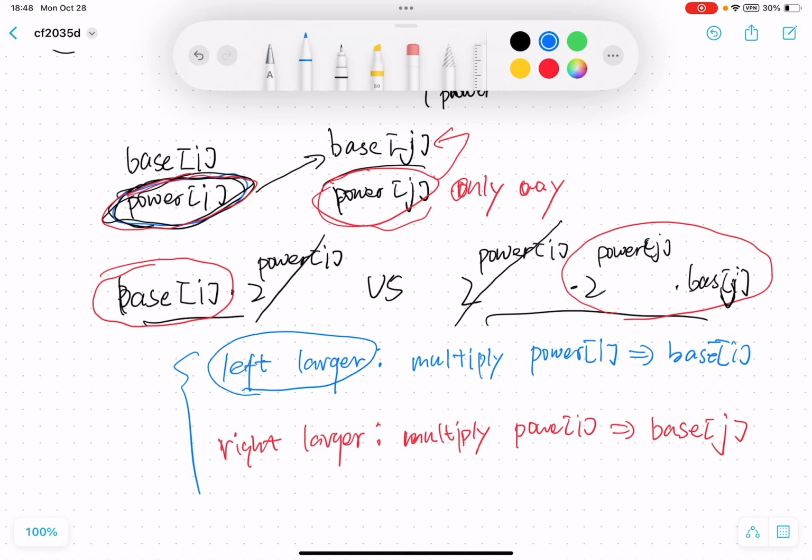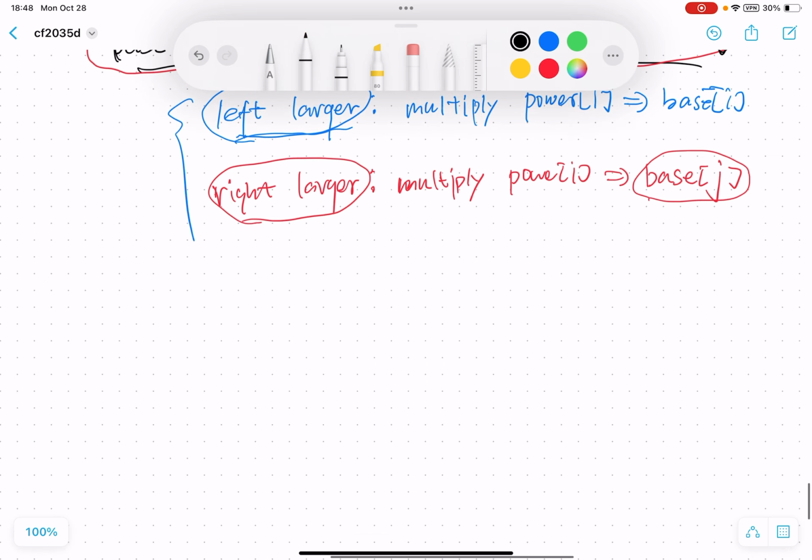If the left is larger, we should make the power I multiply base I. In contrast, if the right is larger, we need to multiply all power of 2 into base g, because base g can contribute more value to the sum of the array. This is the strategy. More specifically, we can use a stack to realize this algorithm.